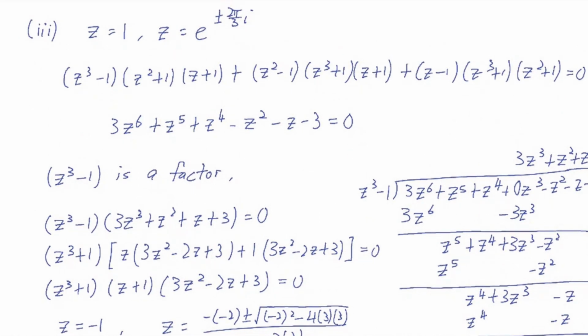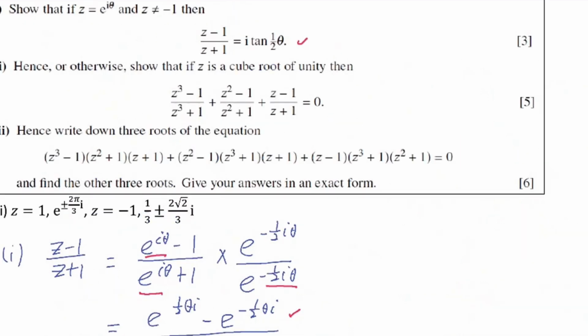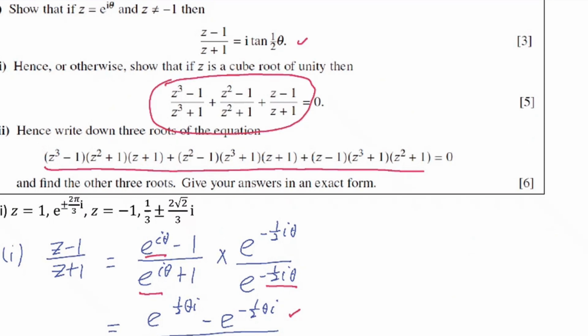So what happened in this case is that we realize that this is actually the numerator when we combine all this into a single fraction. If it is the numerator of that, it means that the z, which is a cube root of unity, all the roots are also roots of this equation here.